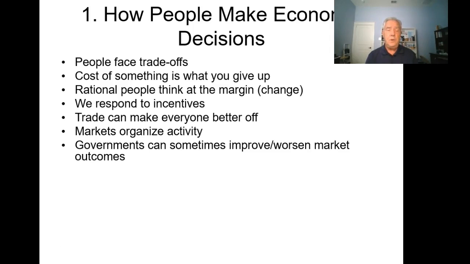They put a tax on something and they will have an impact on the price, because the price will go up by the amount of the tax, and as a result, we might see a drop in supply and people buying that product. So they can do things that help a market system, and they can also do things that make it worse. We'll spend some time on that.